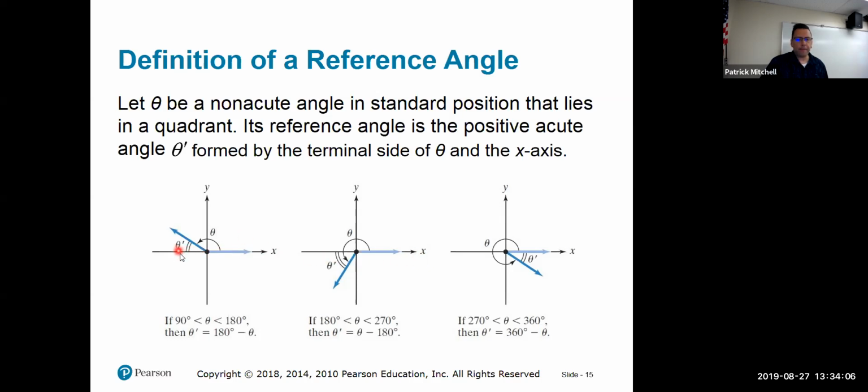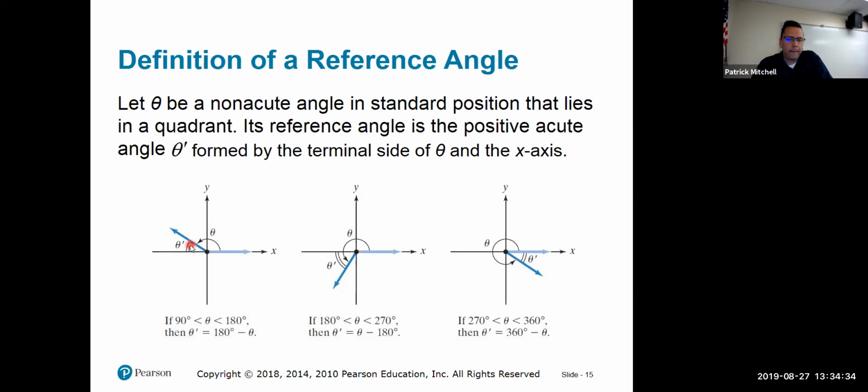And then they have made a second angle called theta prime. This little thing here that looks like an apostrophe is read prime. That's a notation that we use in math. You often don't start to see that until you get to calculus. I'm glad that they're showing it to you now. The prime notation is just a way of distinguishing one variable from another copy of the same variable.